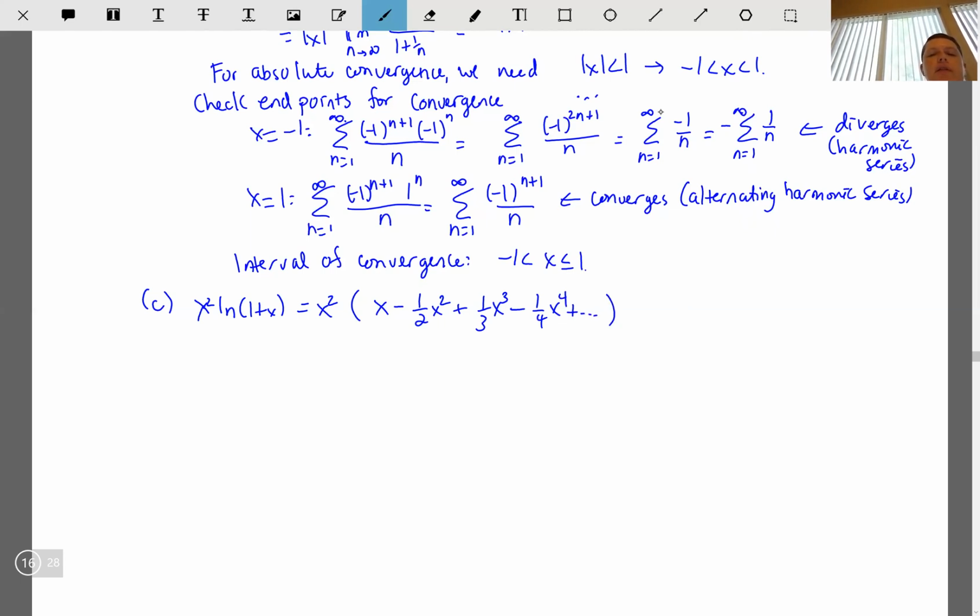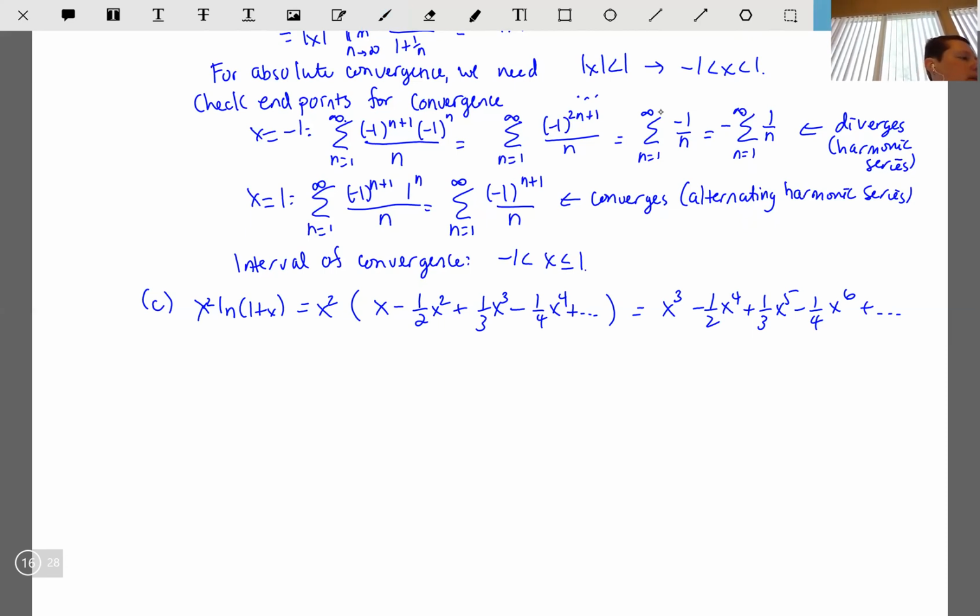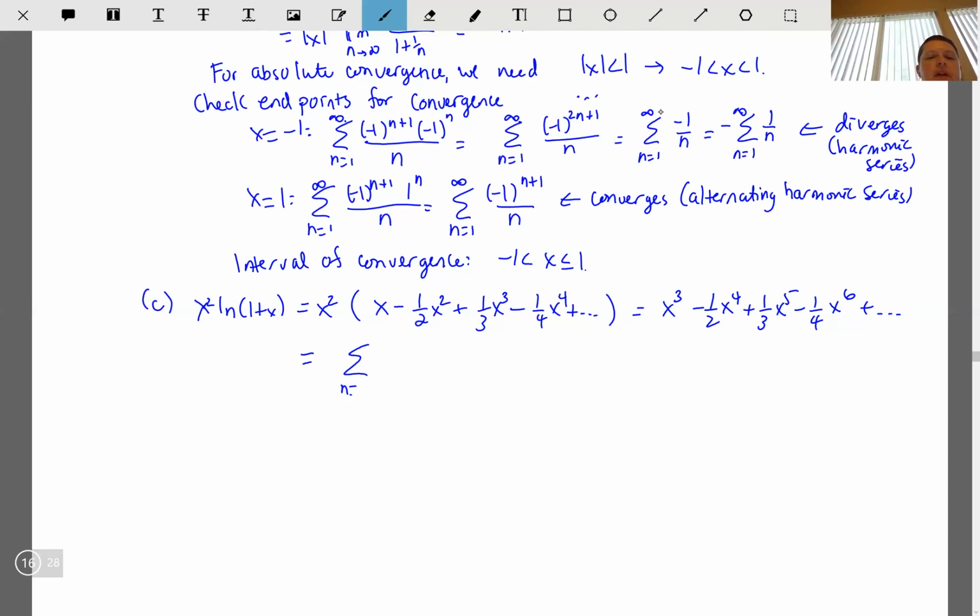So I'm going to get x cubed minus 1/2 x to the 4th plus 1/3 x to the 5th minus 1/4 x to the 6th, and so on. And so we could do it that way if we'd like, or you could just do it straight from the series.